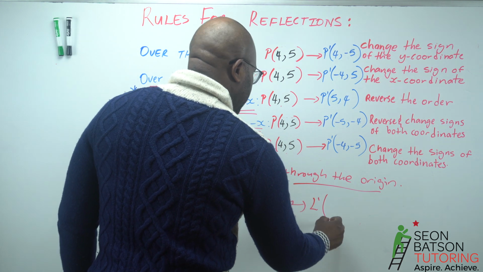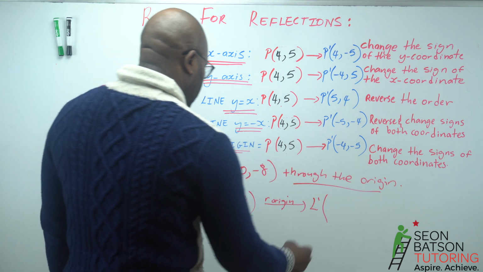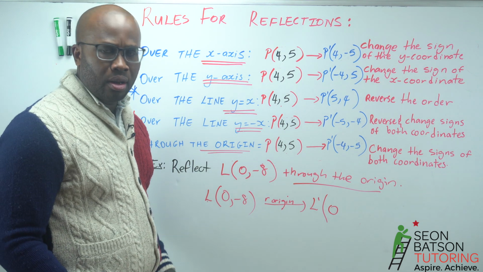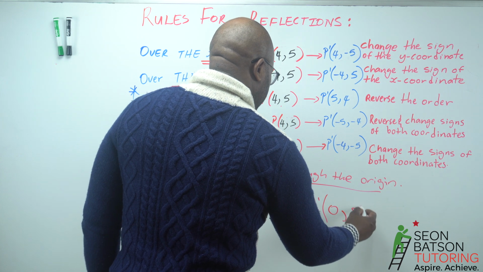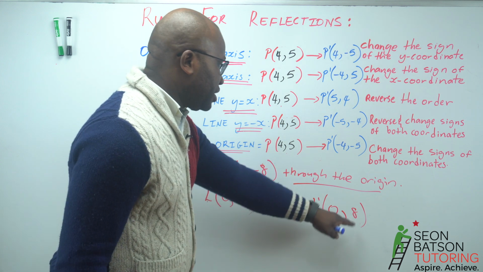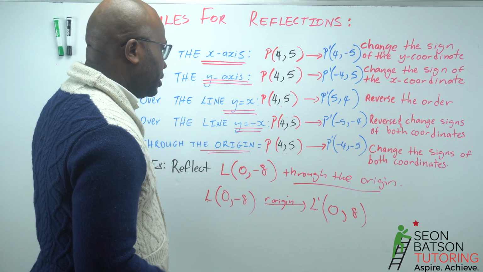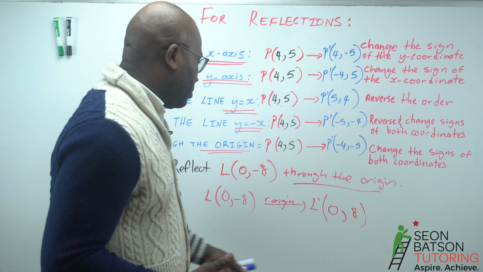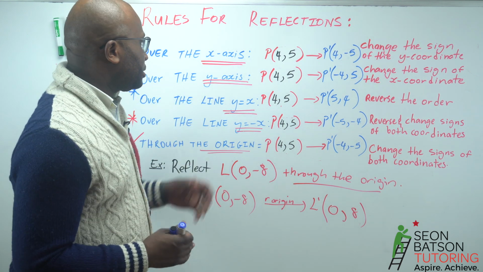Our new point, we will just change the signs of both coordinates. That's it. So 0 stays 0. Because you can't say -0 or +0. But the 8 now becomes positive. Because here it is a negative. Because the rule says when we go to the origin, we must change the signs of both coordinates. So the new point will be 0 and 8. Get the idea? It's a very simple concept here.